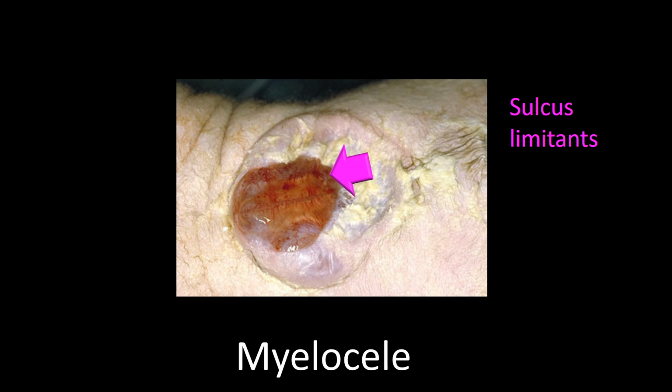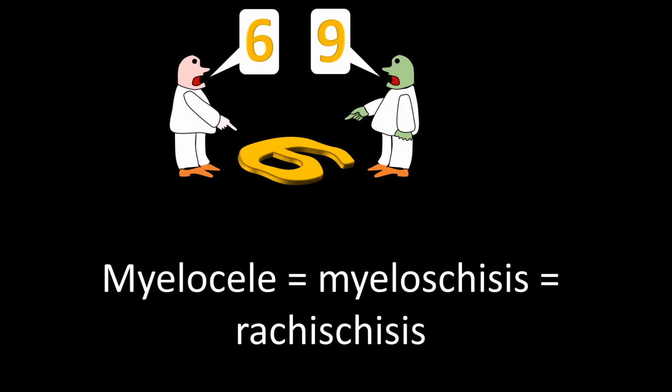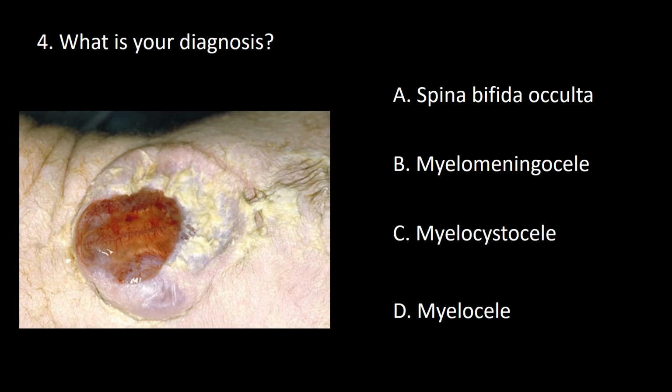Notice that you can see the presence of the sulcus limitans, which is the line of demarcation between the sensory and motor neuronal groups. Myelocele is at times referred to as myeloschisis and rachischisis, especially when the area involved is large. So the answer to this question is D.